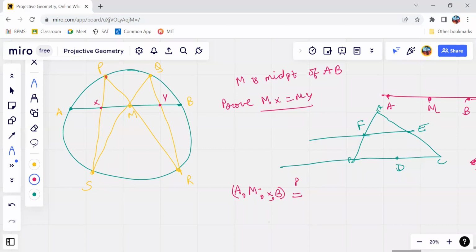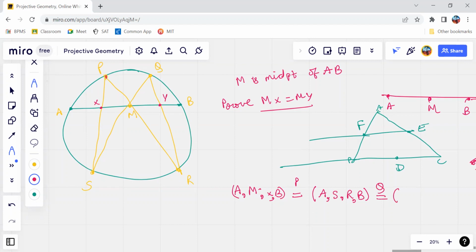So first we project, say, through P. What do we get? We get the cross ratio on the cyclic quadrilateral, A, S, R, B. Now is there a point connected to both R and S apart from P? Q, yes. We don't project through P again, that would not be very useful.